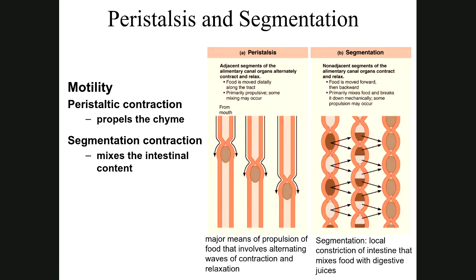And that happens because the intestinal tissues can contract and relax, but the movement of the food is called segmentation because these are non-adjacent segments of the alimentary canal. It is not going distally in one direction, it is going backward, forward, backward, forward.